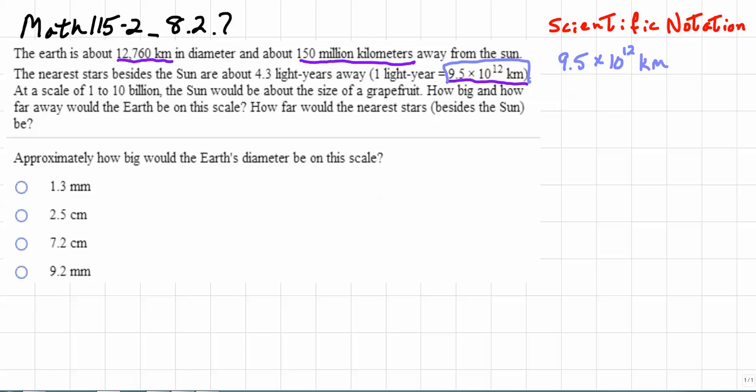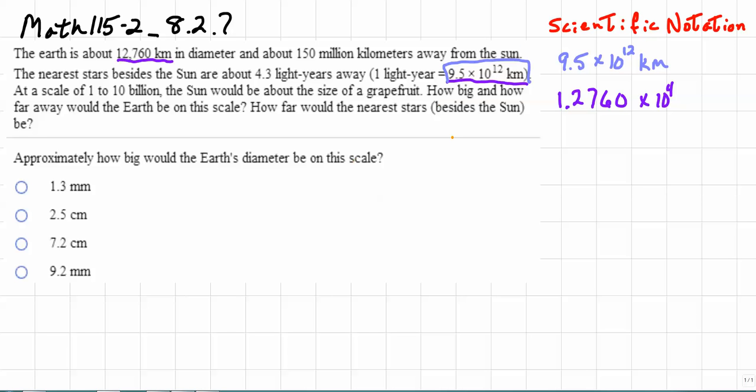We're also going to look at the fact that the Earth is about 12,760 kilometers in diameter, and we'll write that as 1.2760 times 10 to the 4th power. Then we're going to talk about the Sun. The Sun, as we stated, is 150 million kilometers away from the Earth.